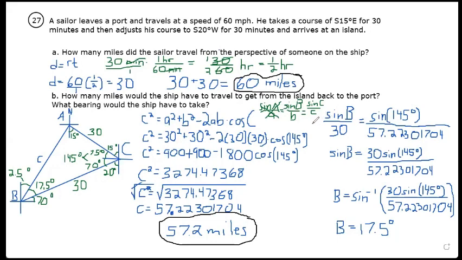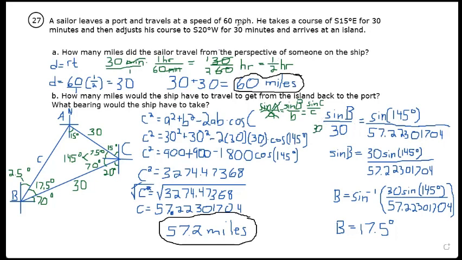So now we just plug in what we know. Side B is 30, so we can plug that in. Capital C is 145 degrees. Side C is 57.22301704. Now once we have done that, we can go ahead and solve for angle B. The first step that we can take is multiplying both sides by 30 to cancel out the 30 that's in this denominator.